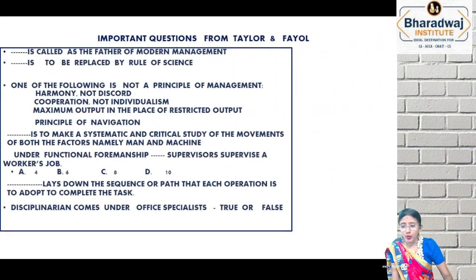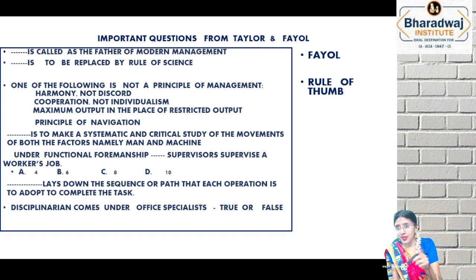Okay, now we are going to answer the question. Please look at the answers. Online students, check your answers. Fayol, isn't it? You told Fayol is called the father of modern management. Rule of thumb is to be replaced by rule of science. You remember, rule of thumb is given by whom? Taylor. Taylor said, remove the rule of thumb.